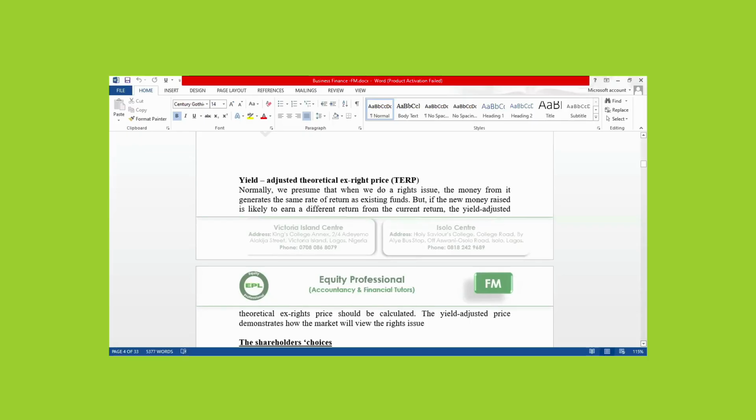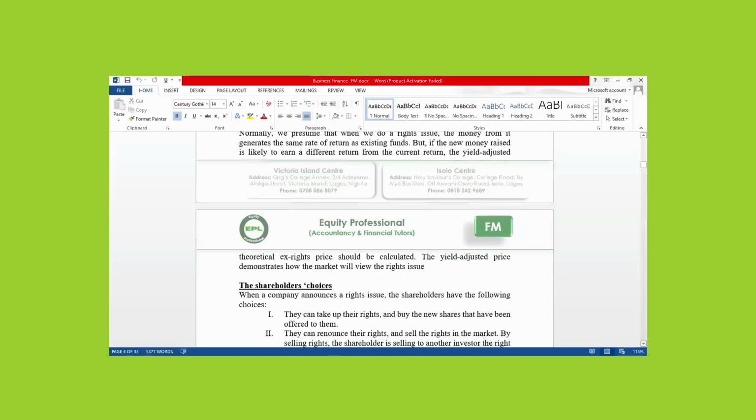The existing finance, your existing fund, is also invested to generate returns, where your return on existing fund is not the same as return on your new fund. In that case, you are going to calculate yield adjusted theoretical ex-rights price.